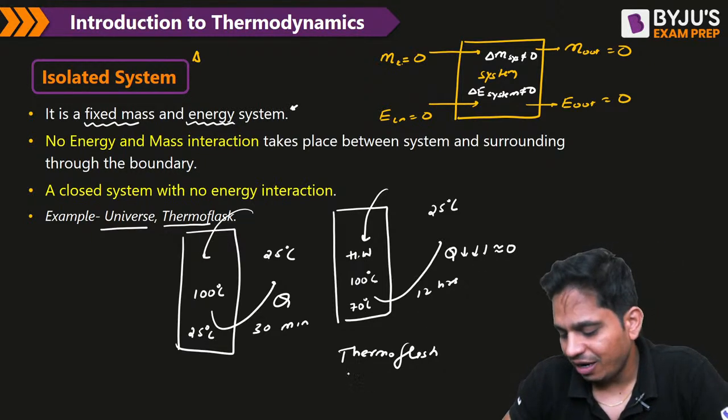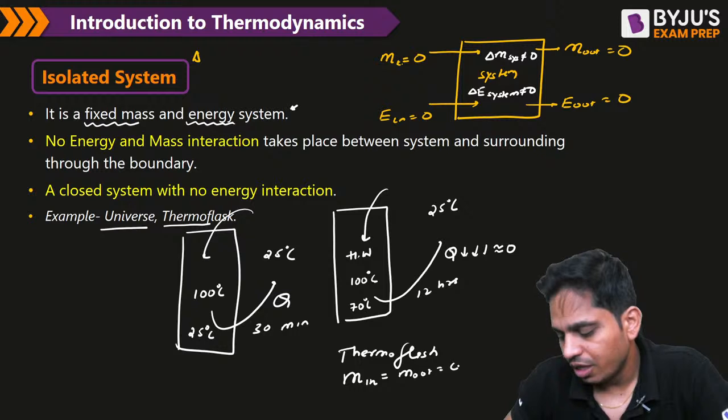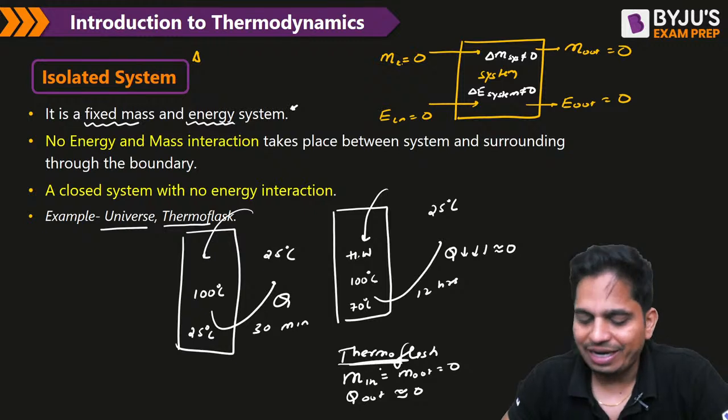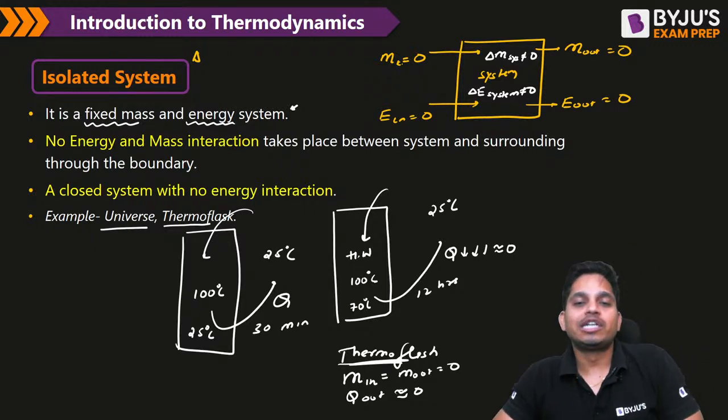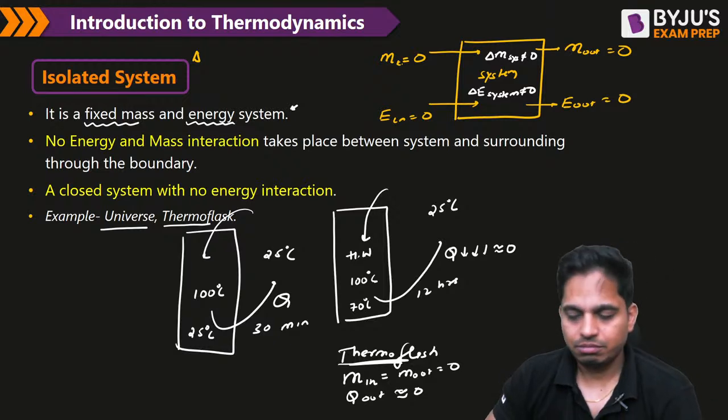So you can see here mass in is not allowed. Mass in equals mass out equals 0. Energy in, so heat out, is also almost equal to 0. So you can say it is an example of isolated system. Okay. Got it?